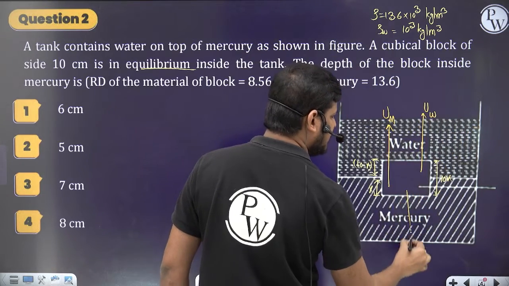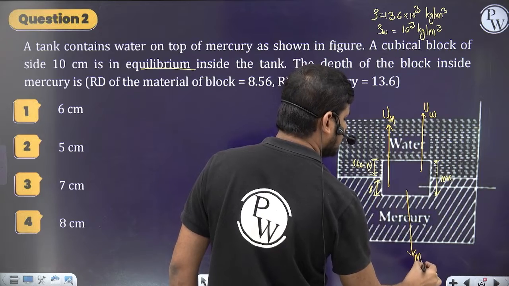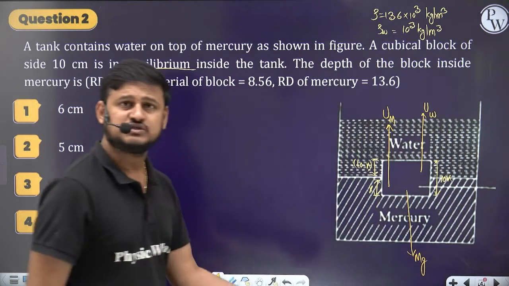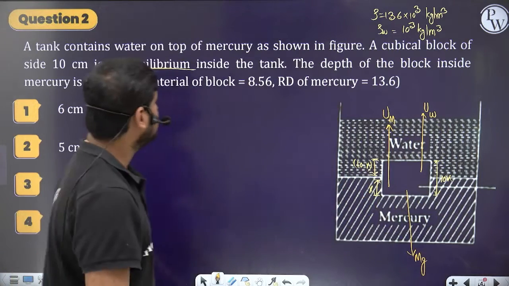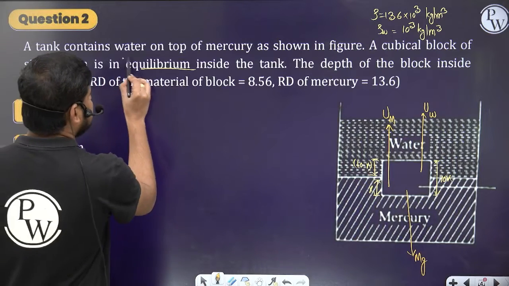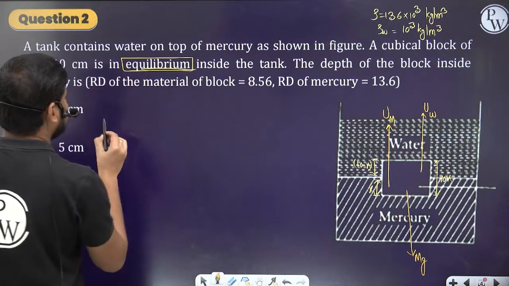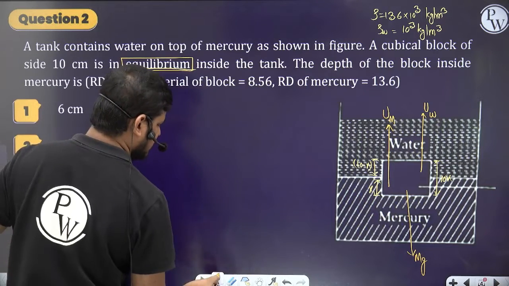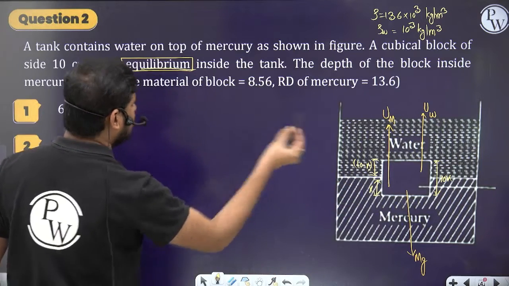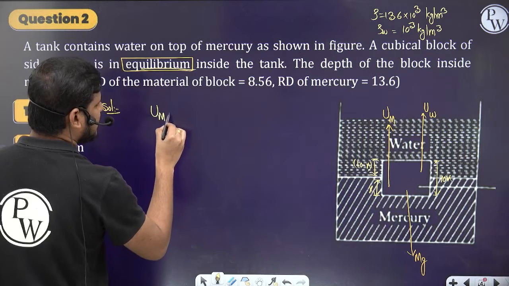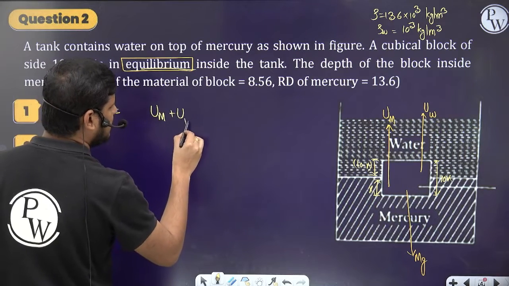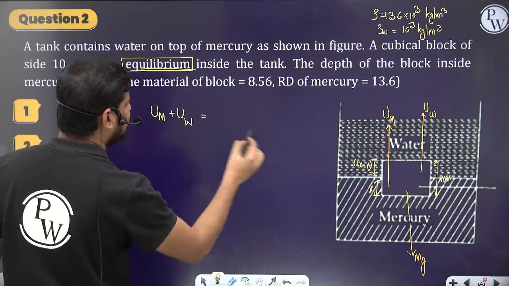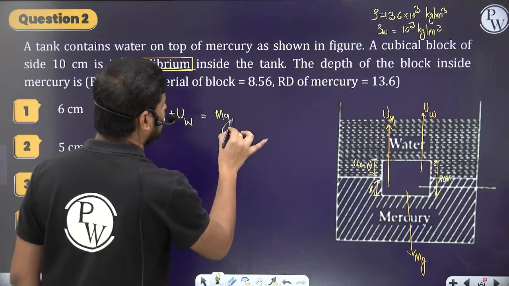Together these will be equal to the weight of the block. If you understand this concept, you can solve the question easily. It is in equilibrium, so at equilibrium the upthrust by the mercury plus the upthrust by the water is balanced by the weight of the cubical block. That's it.